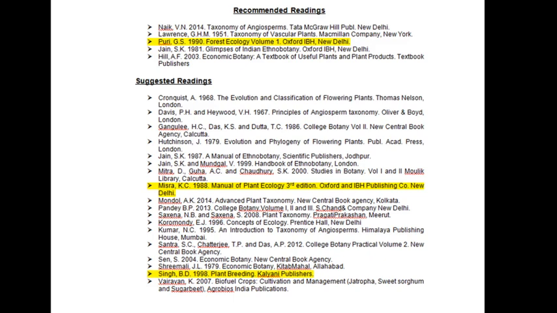So you need not worry. Even if you do not have a book on phytogeography, please do consult the notes which will be uploaded from time to time in your Google Classroom.